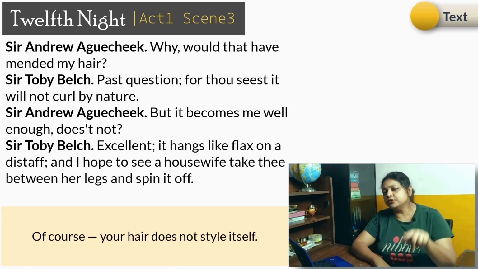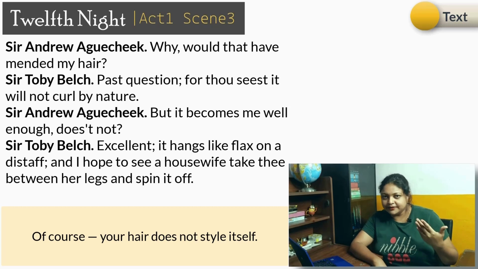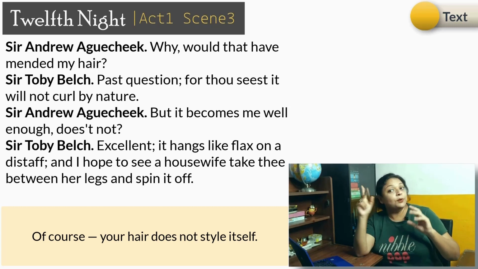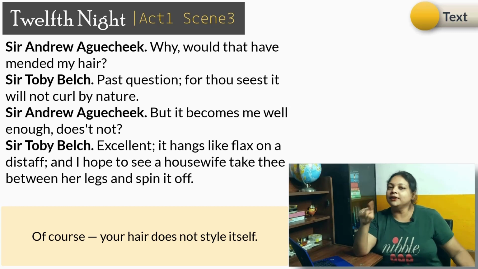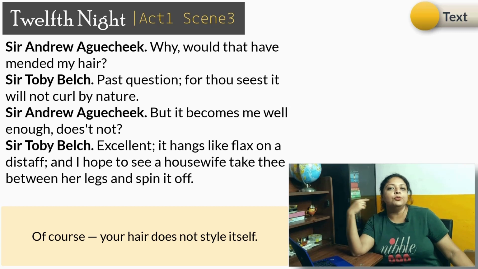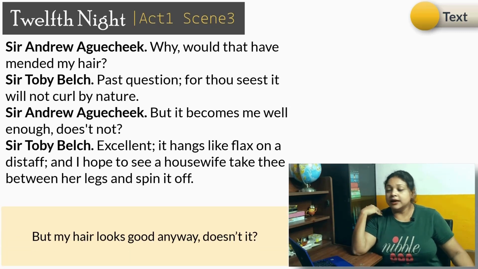Now your hair is not going to get curly by nature. How does hair get curly? By using curling irons, by the art of curling. So he is now playing with the word art, that if you had concentrated on art, then you would have known how to curl your hair. "But it becomes me well enough, does it not?"